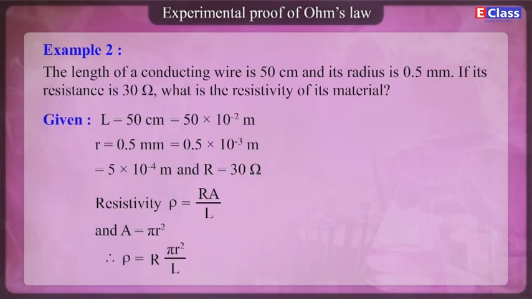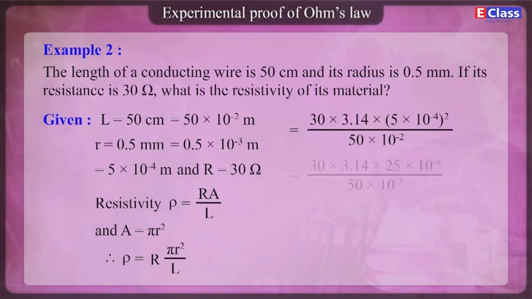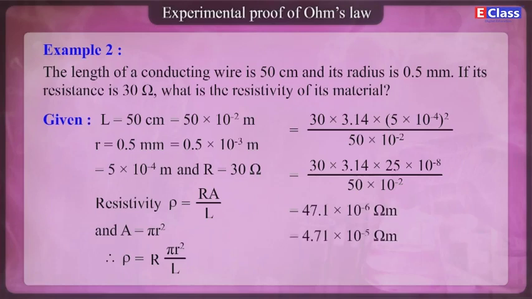Therefore, rho is equal to R pi r square upon L, which is equal to 30 multiplied by 3.14 multiplied by (5 multiplied by 10 raised to minus 4) square upon 50 multiplied by 10 raised to minus 2, which is equal to 30 multiplied by 3.14 multiplied by 25 multiplied by 10 raised to minus 8 upon 50 multiplied by 10 raised to minus 2, which is equal to 47.1 multiplied by 10 raised to minus 6 ohm meter, which is equal to 4.71 multiplied by 10 raised to minus 5 ohm meter. Therefore, the resistivity of the wire is 4.71 multiplied by 10 raised to minus 5 ohm meter.